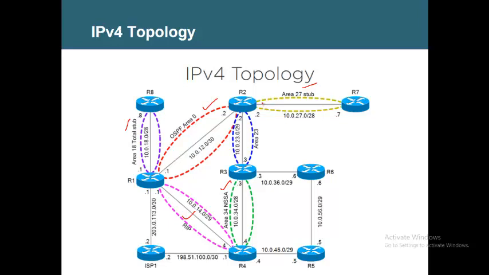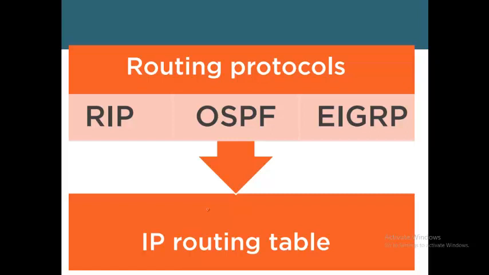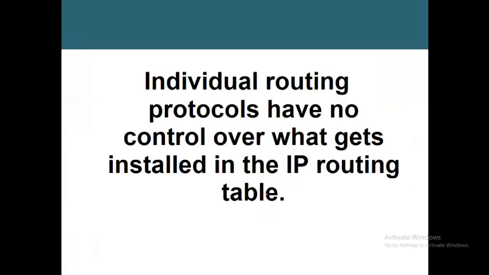It is based on all this consideration. You need to consider the other routing protocols. There may be many protocols, not just BGP or OSPF. When we have multiple routing protocols, the routing protocol can only recommend to the routing table manager. RIP also recommends a route, BGP also recommends a route, OSPF also recommends a route, EIGRP also recommends a route. It is the routing table manager who is going to decide.